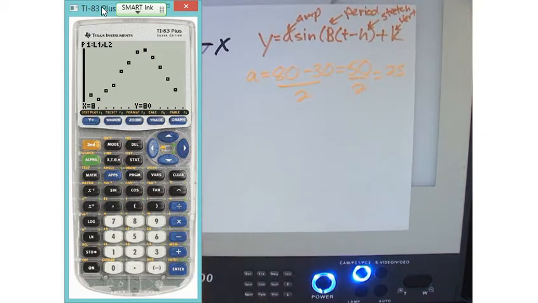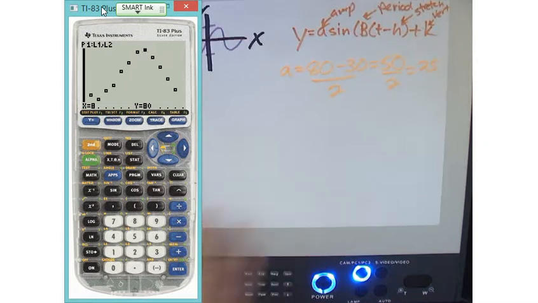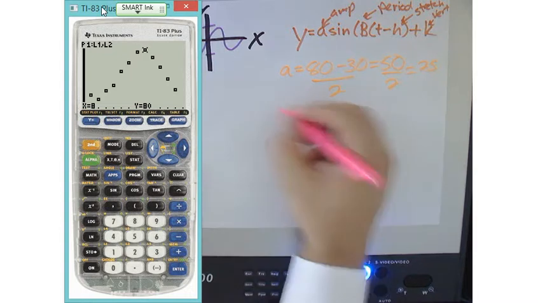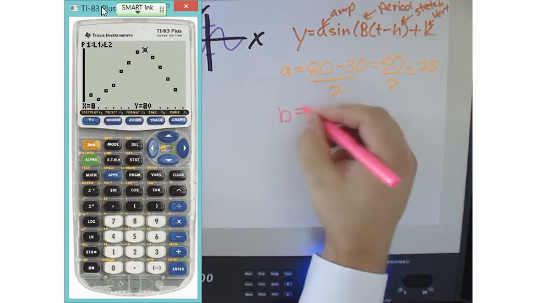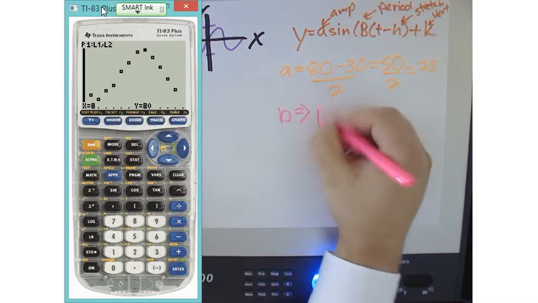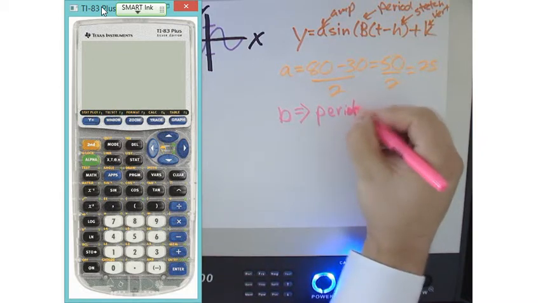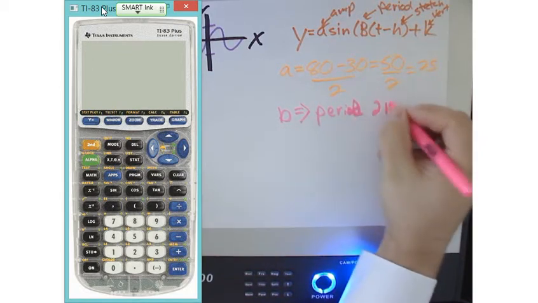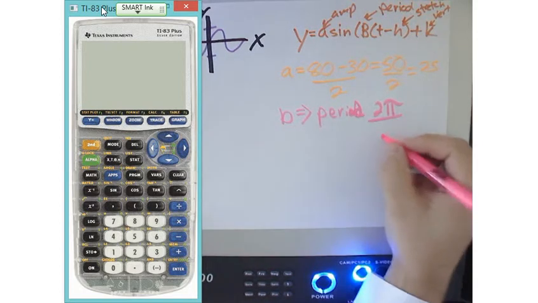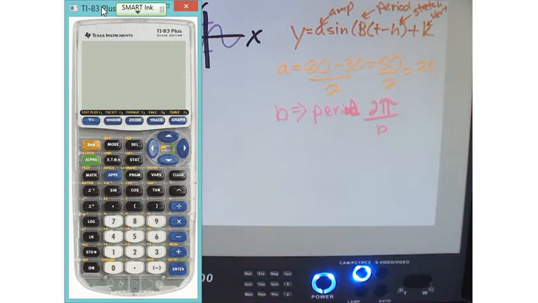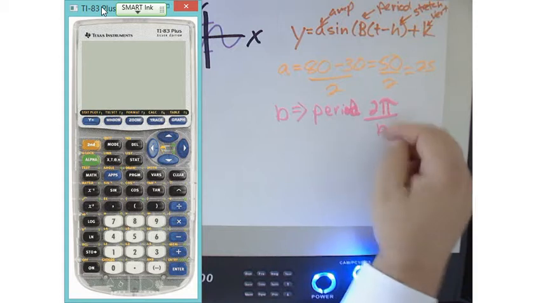Now, let's be careful. Now the period represents when the cycle starts over, and it is usually represented by 2 pi. So that's a good place to start. Usually the period is equal to 2 pi, but it can be transformed by the b term. Now remember that a fraction can also be a ratio.